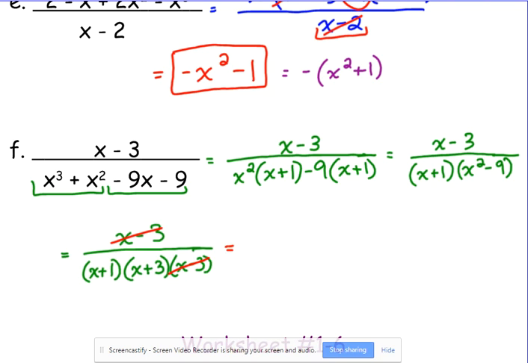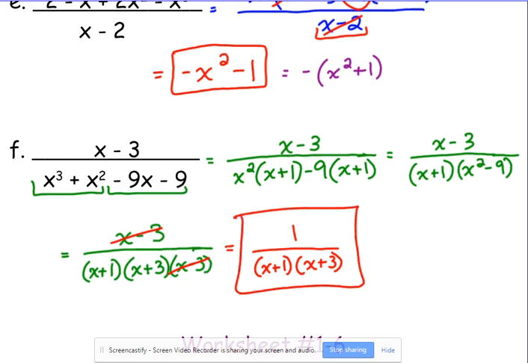Now, I canceled out the numerator, but the stuff in the denominator doesn't jump up to the numerator. We've got to put a 1 up there to hold the place. Because when you cancel something, and this is another common misconception, it doesn't equal 0.